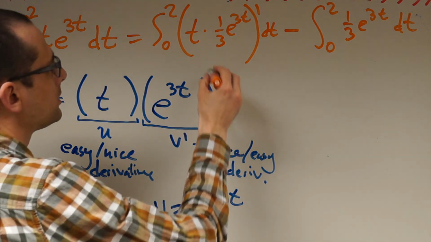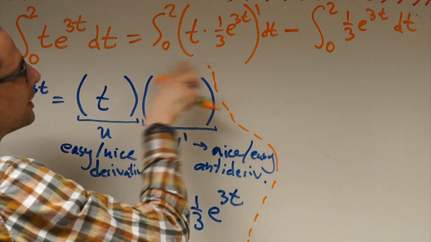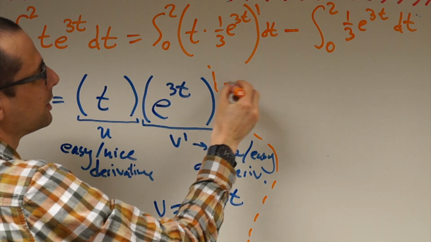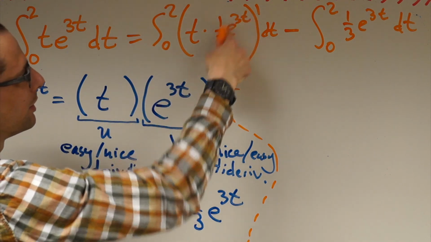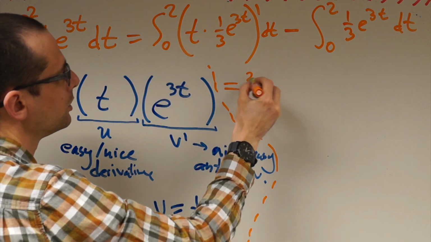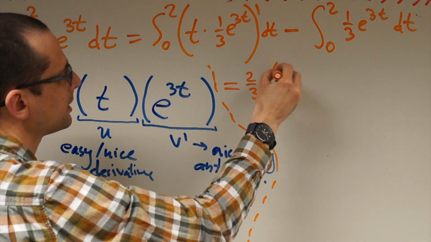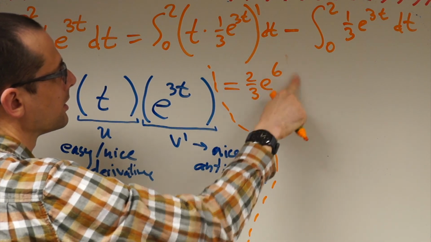So then let's see what we can do here. This first integral, like I said, is easy using the fundamental theorem of calculus. So we just need to plug in 2 and 0 into these things and subtract. If I put in a 2, I get 2/3 e to the 6t. Whoops, just e to the 6, right? There we go.